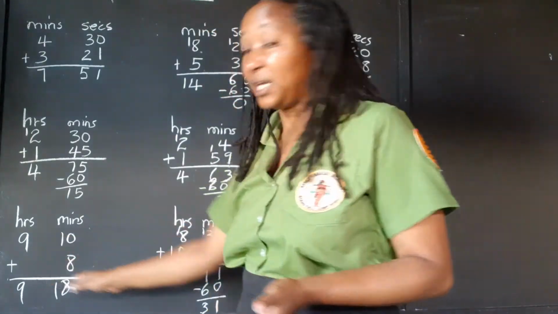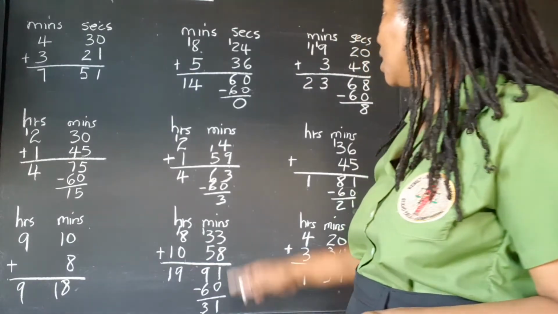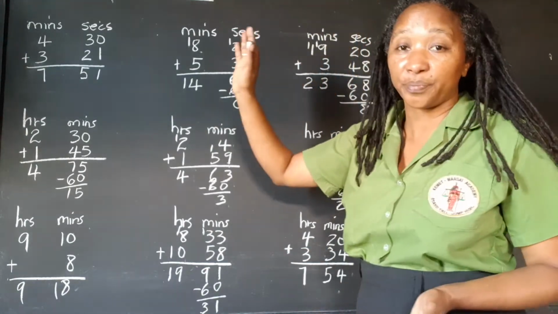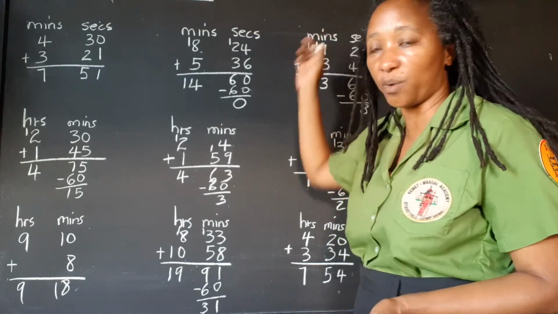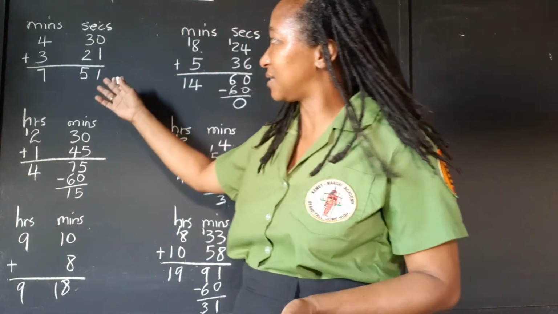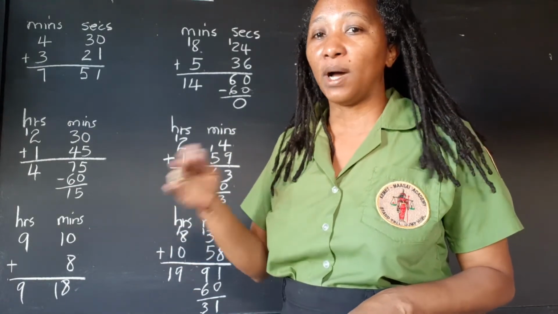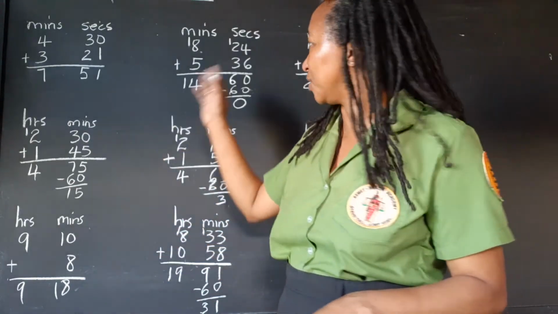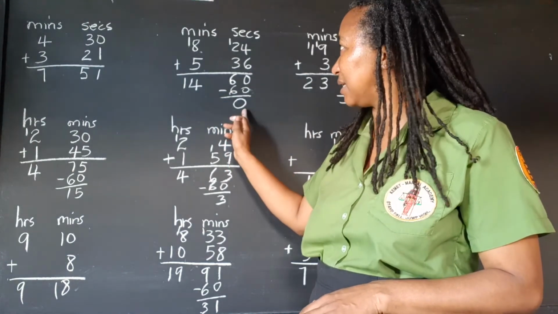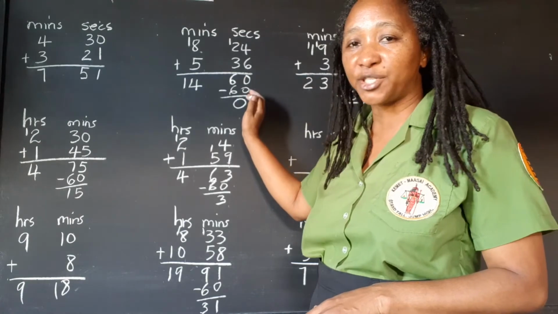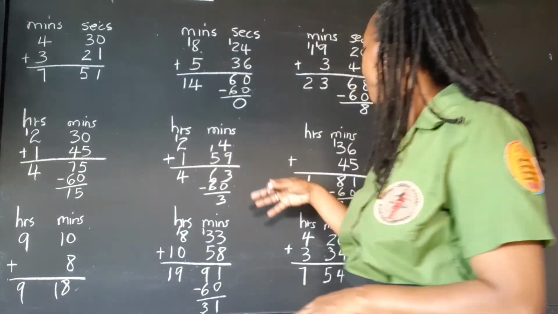We flash through these very quickly because I know by now you're getting good at this, right? So all we need to remember, 60 seconds make 1 minute, 60 minutes make 1 hour. If we're adding seconds, we can write up to 59. Once it gets to 60 and more, we have to subtract 60 from it, and anything that's left stays in the seconds. That batch of 60 goes over as 1 minute, and we add those.